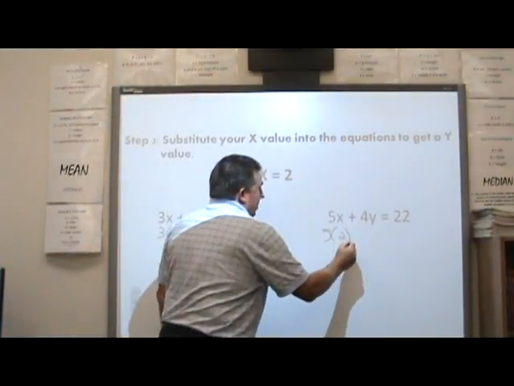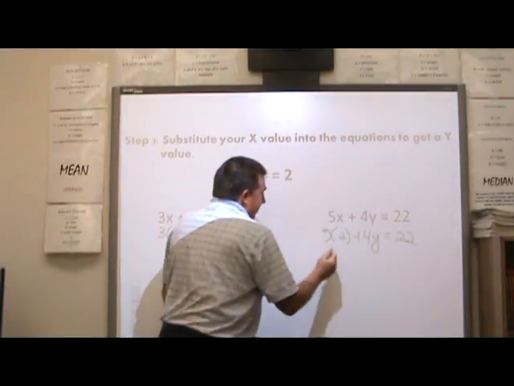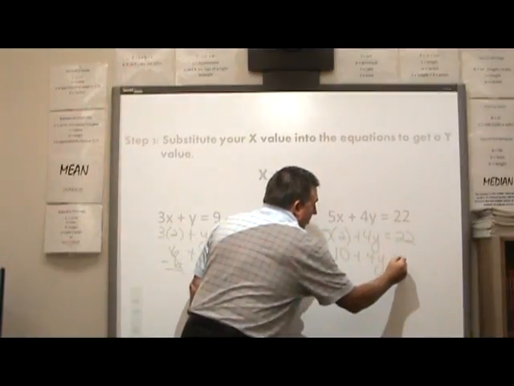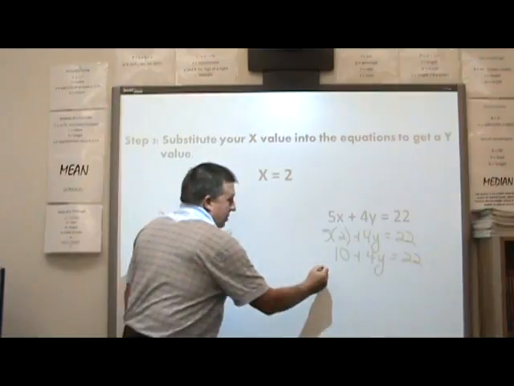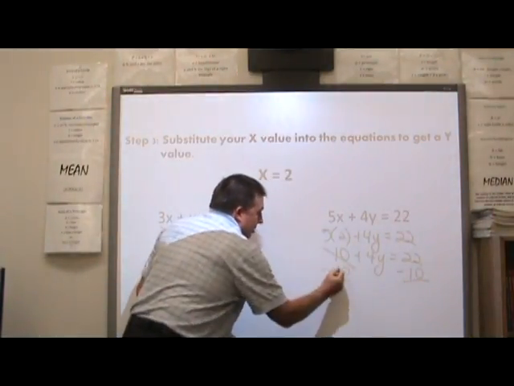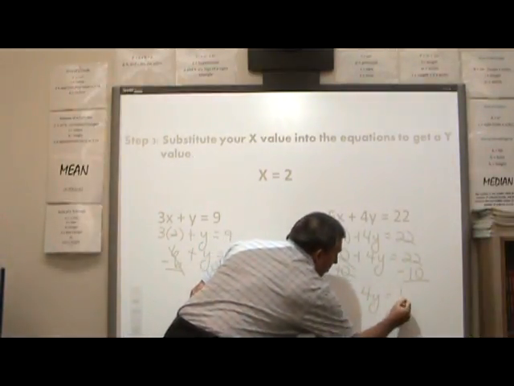Put the 2 in for x. 5 times 2 is 10, plus 4y equals 22. To get the 4y by itself, I will subtract 10 on both sides. These cancel out. 4y equals 12.